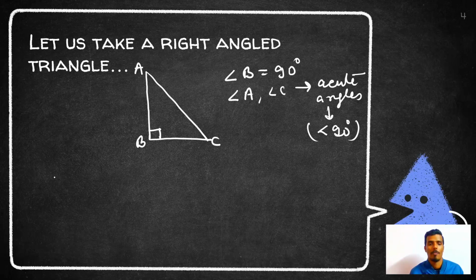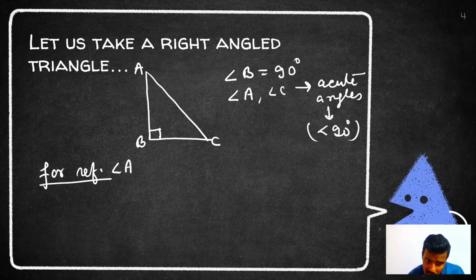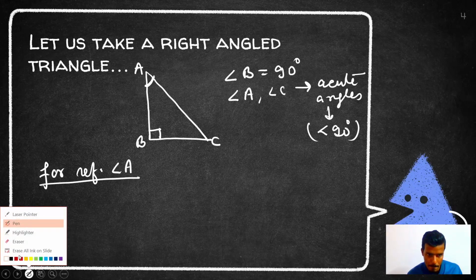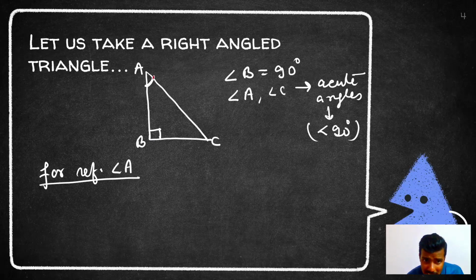Now, for reference angle A, BC is the opposite side and AB is called the adjacent side.